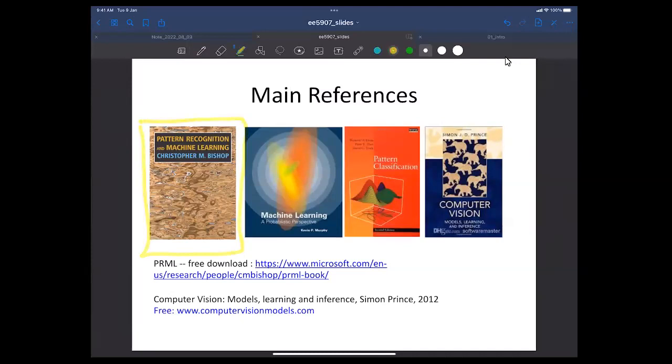Because it's a graduate course, it's not focused on just one textbook, it will be a few textbooks like this. I will share this information on the website, and which parts you have to read will be provided there. The good thing is that at least two of these main textbooks are free. The PDF is available online. Any questions so far?